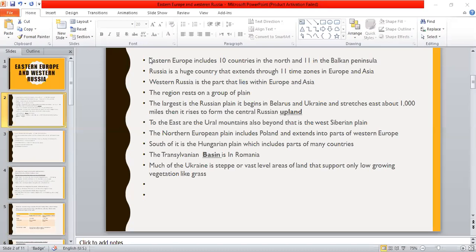Okay. Now as we have finished talking about the mountain ranges, let's talk about the bodies of water, especially the seas. We have also the Baltic Sea in the northwest of Russia and Eastern Europe. The Baltic Sea actually is very shallow and it is brackish, or very salty. Okay, we have also the Aegean Sea and the Black Sea, which surround the Balkan Peninsula.